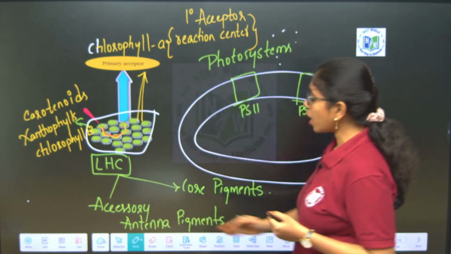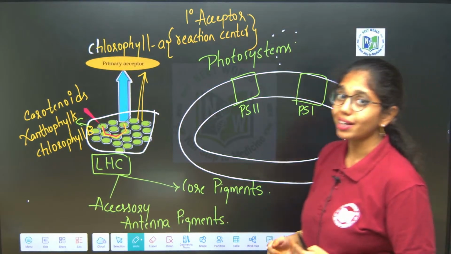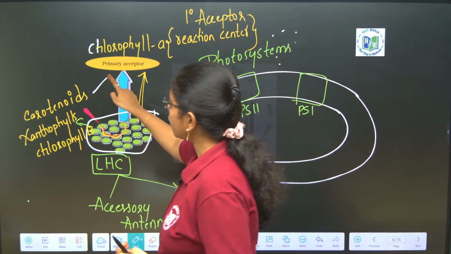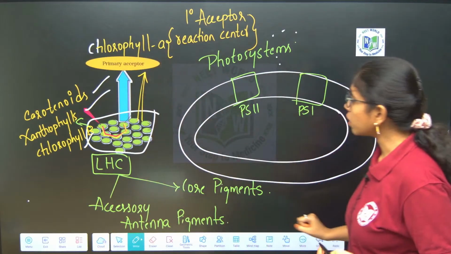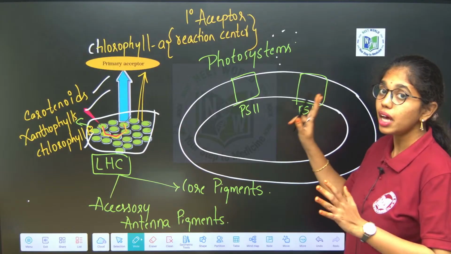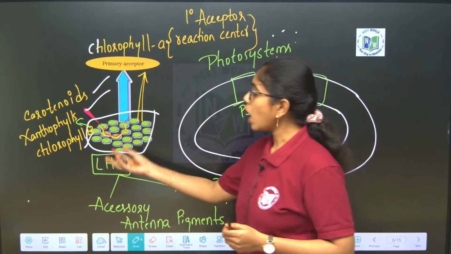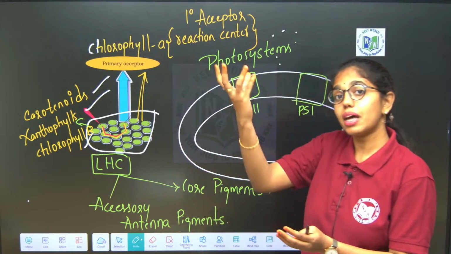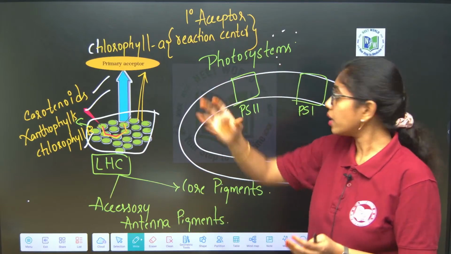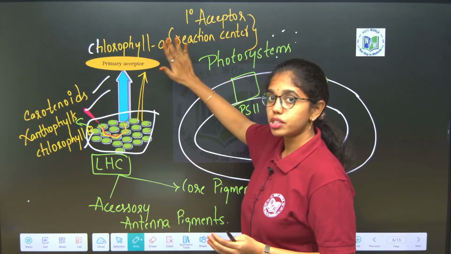The accessory or antenna pigments include carotenoids, xanthophylls and chlorophyll B, and the core pigment is chlorophyll A, which is the reaction center. Antenna or accessory pigments absorb light at different wavelengths and submit that energy to the chlorophyll A reaction center.